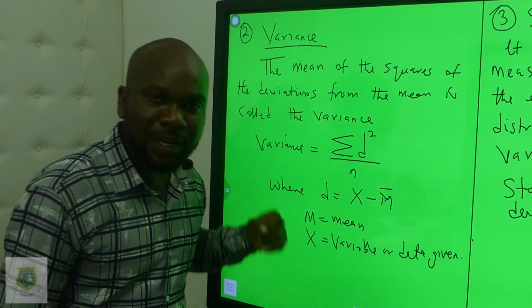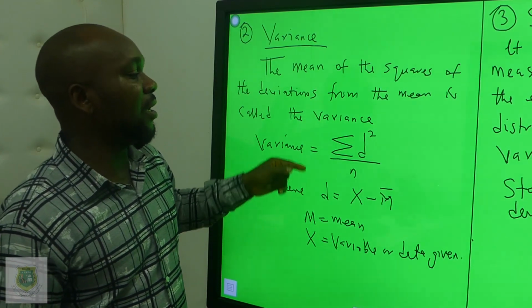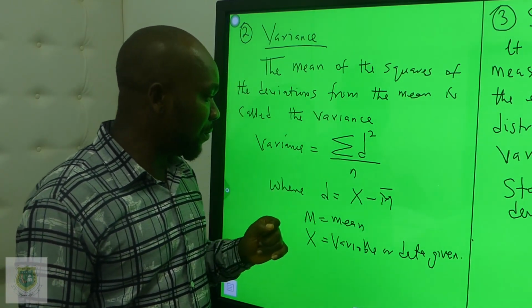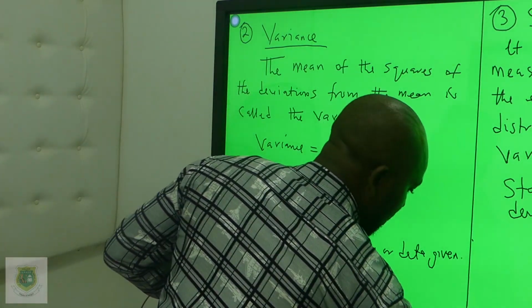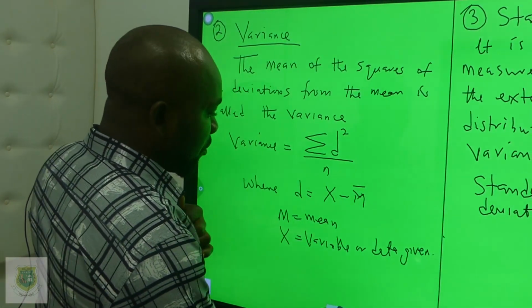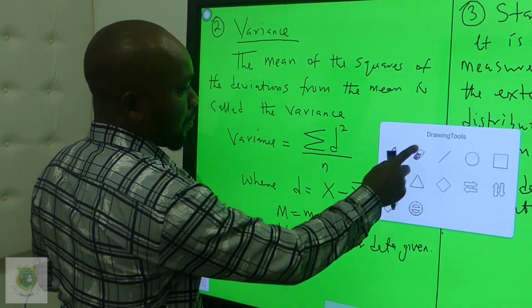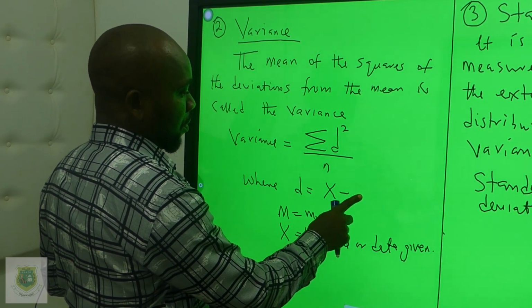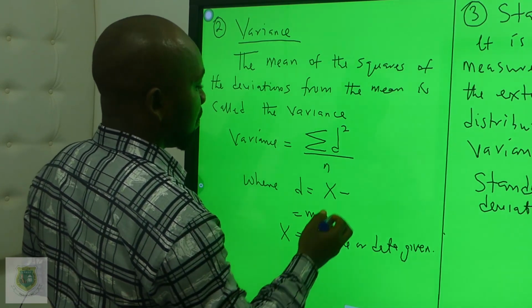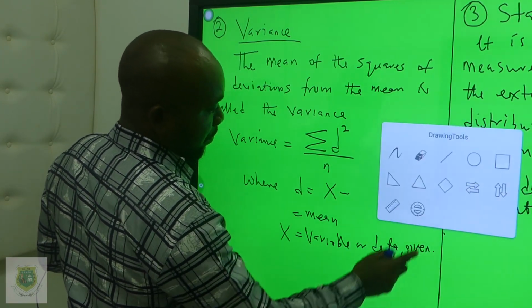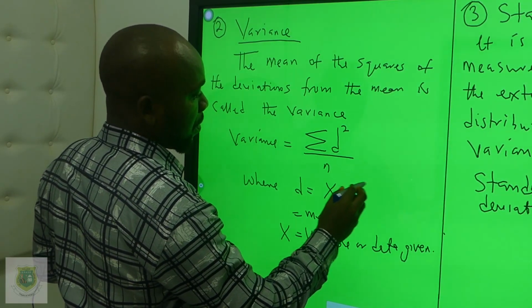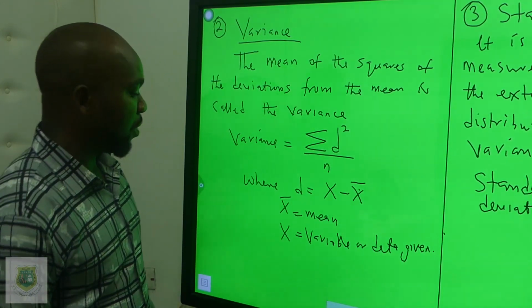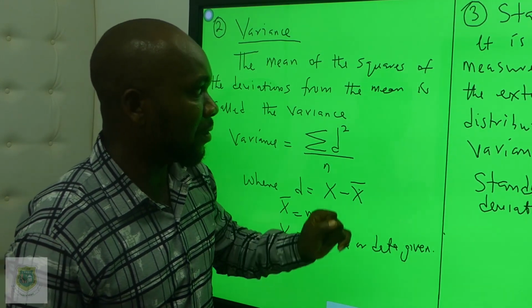D is the deviation from the mean: d is equal to x minus mean. This is our mean. X is the variables or data given.